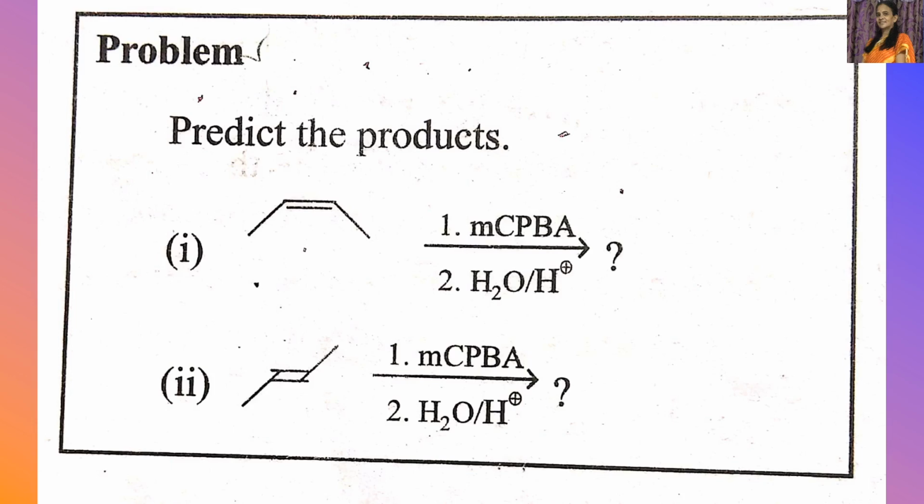So you predict the product produced in these two reactions. This is trans hydroxylation. Trans glycol is produced in these two reactions.